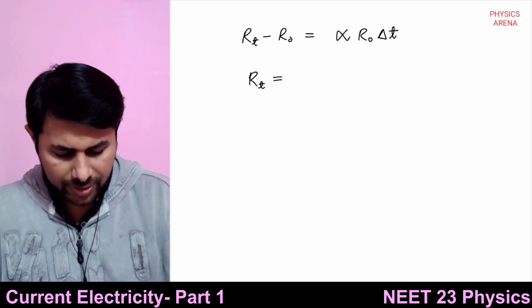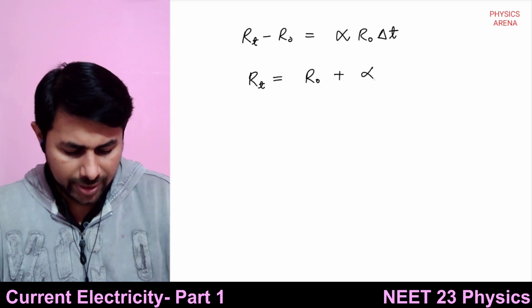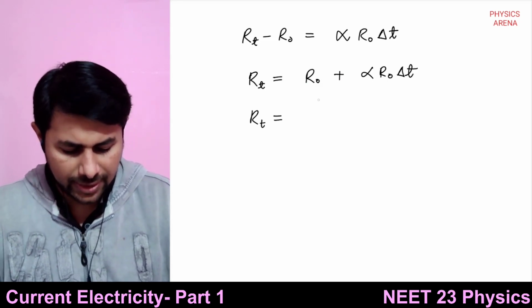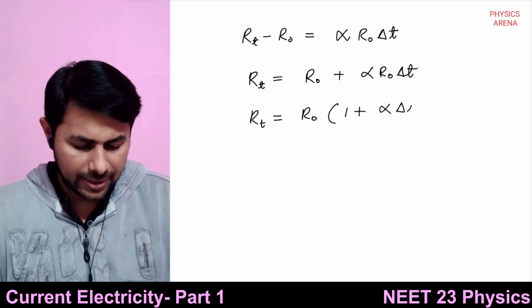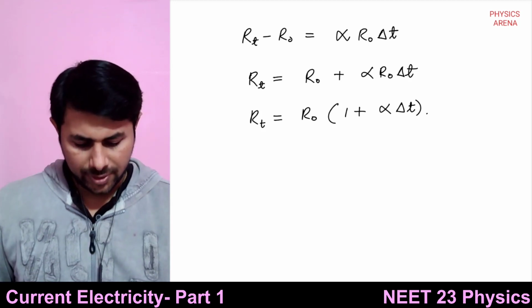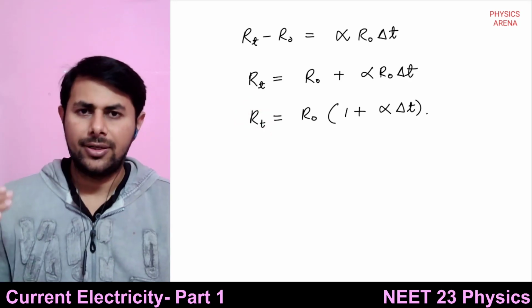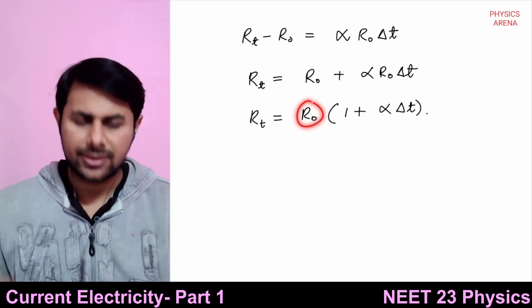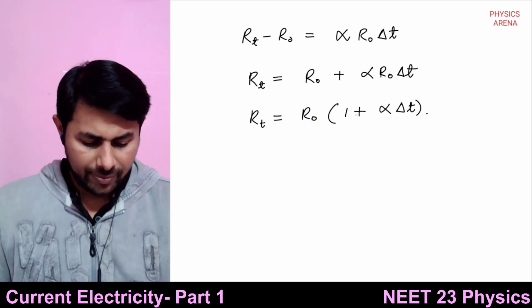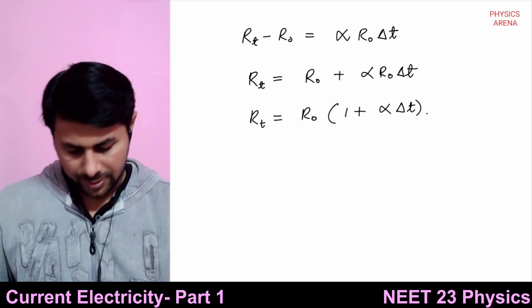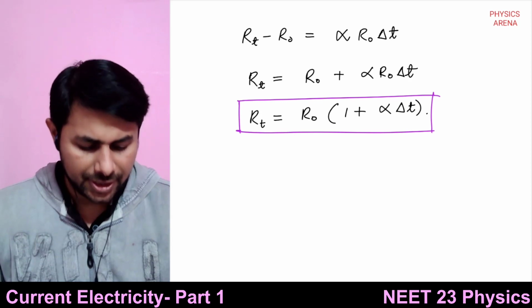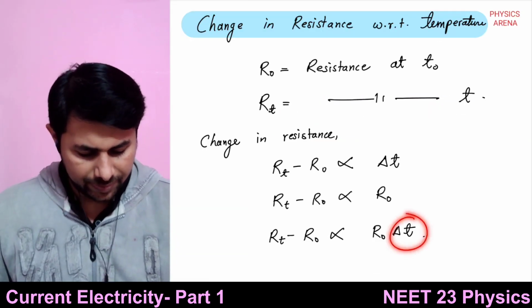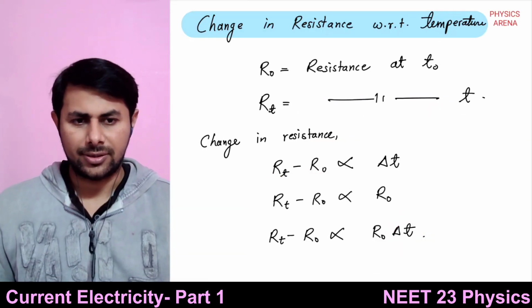So you get RT equals R naught plus alpha R naught delta T, or taking R naught common, RT equals R naught multiplied by 1 plus alpha delta T. This is the formula: resistance at temperature T is equal to resistance at 0 degrees Celsius multiplied by 1 plus alpha delta T. This is considering that there is a linear relation between change in temperature and change in resistance.